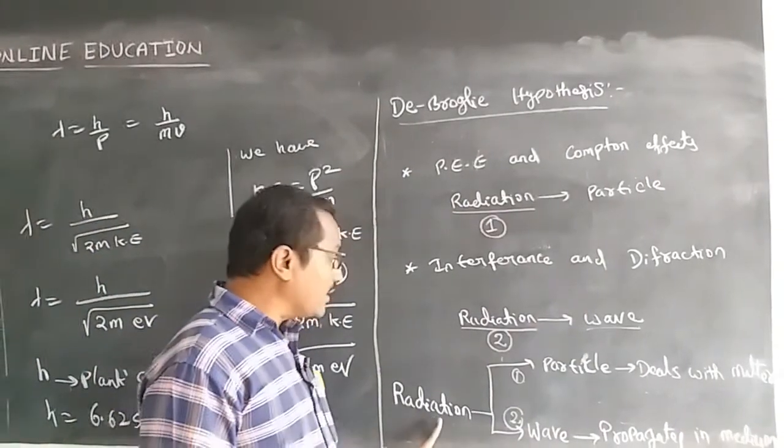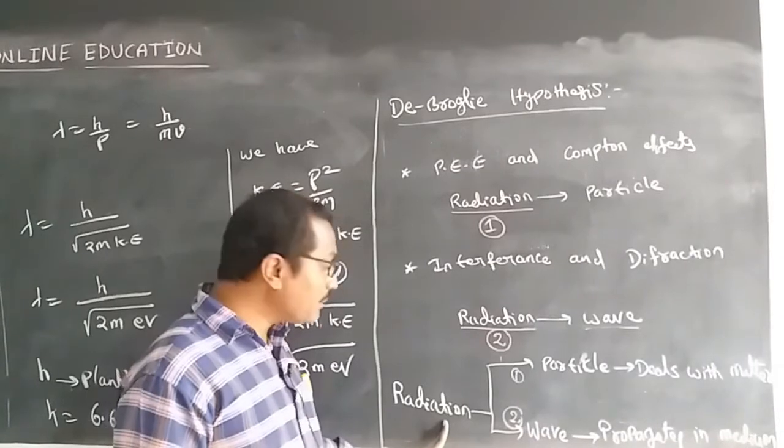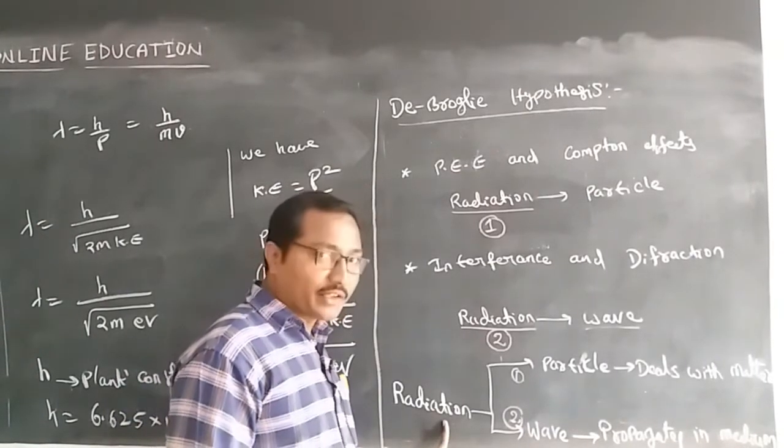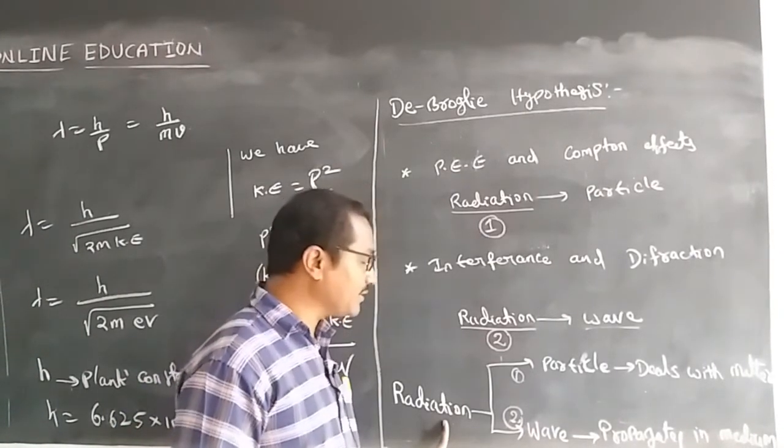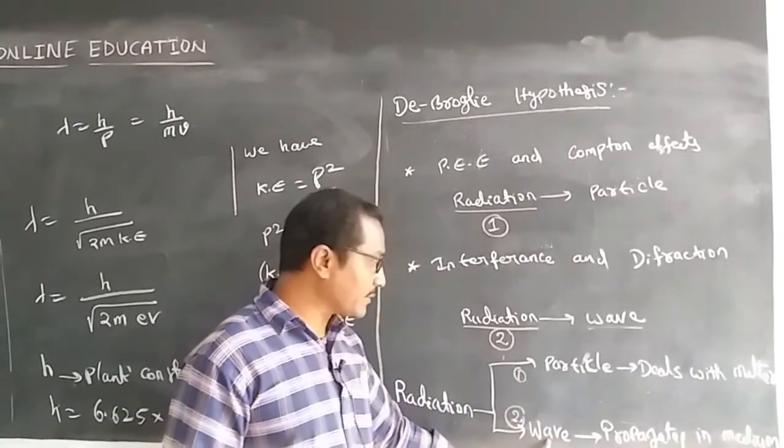See, this radiation behaves in two ways depending upon the situation. That is, one is the particle and the second is the wave.